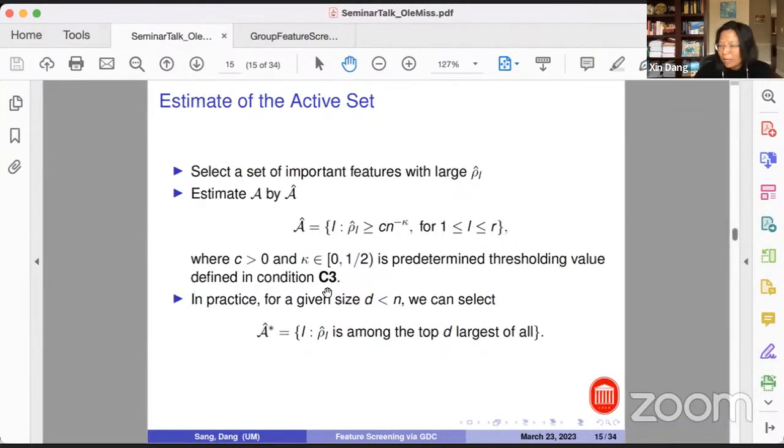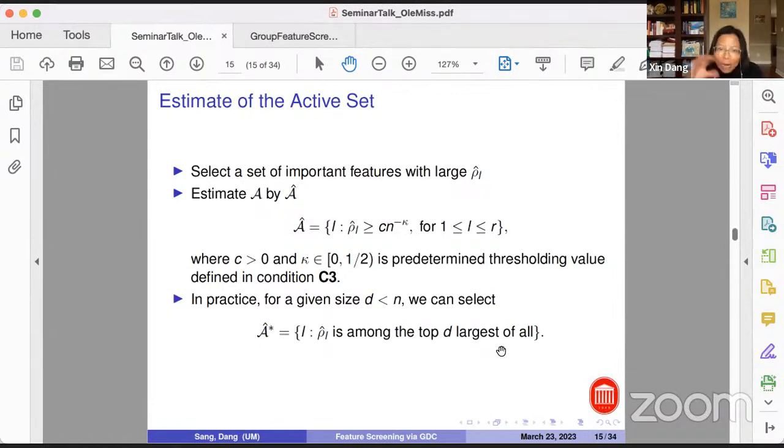When we derive the theoretical result, we need some conditions that are shown over there. And in practice, because we don't know C, we don't know kappa. In practice, what we do is we are given some desired dimension D, which is smaller than n, and we select the groups whose correlations are among the top D largest.